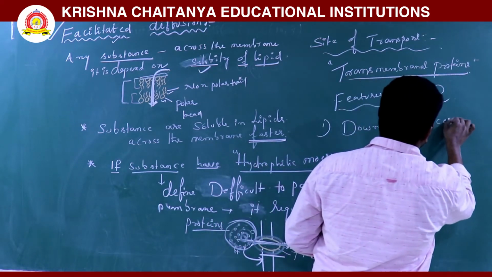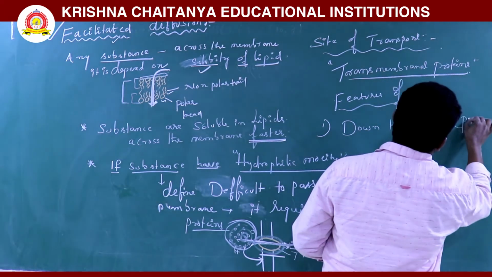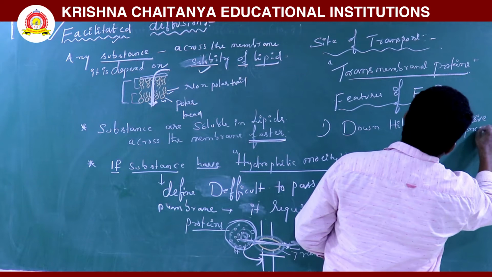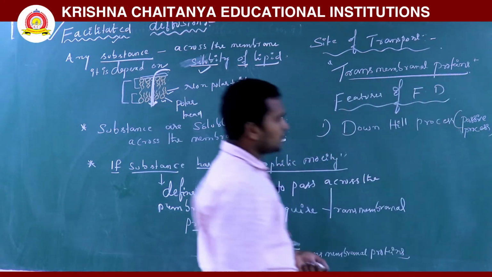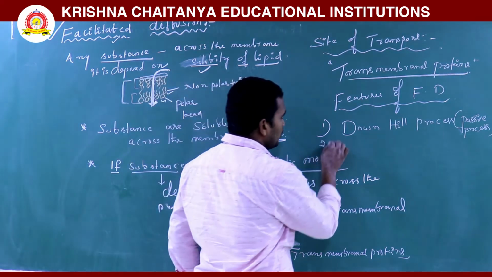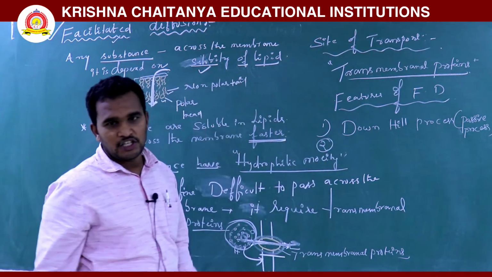It is a downhill process. It is a passive process. It is a downhill process and a passive process, and it depends on the concentration gradient.